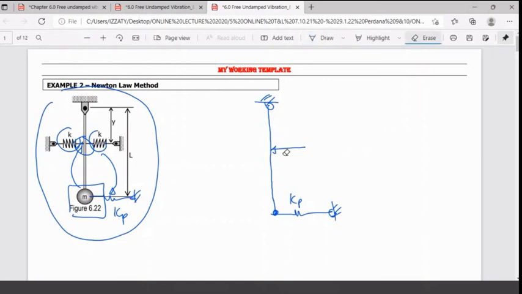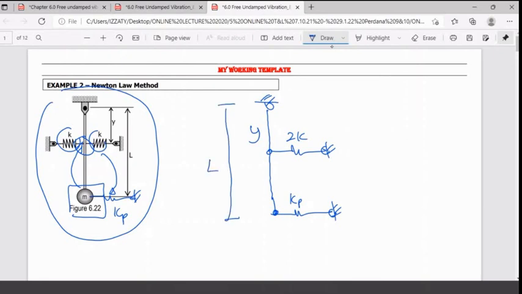This is not a free body diagram, remember that. This one spring represents 2k, and the distance is y. And we have mass just now because you have mass here.